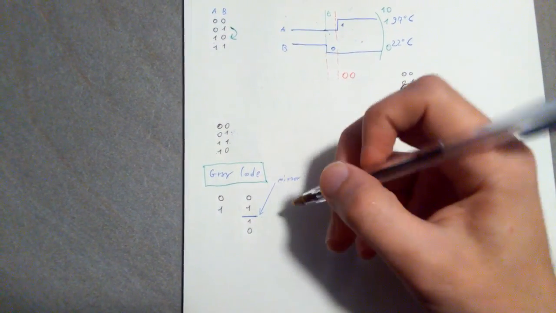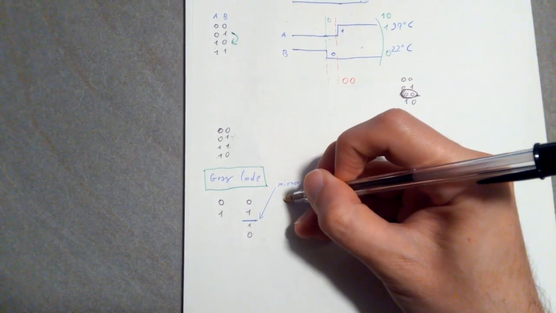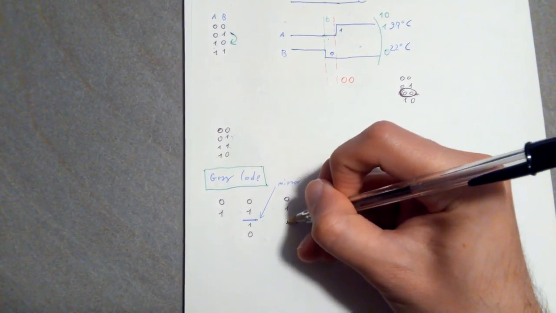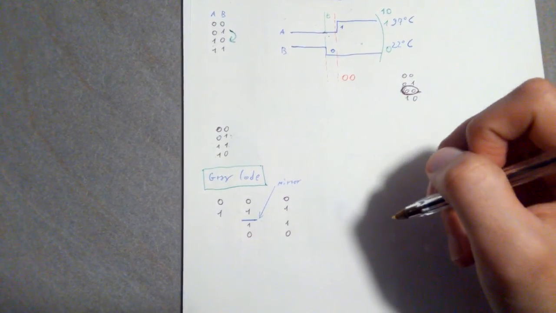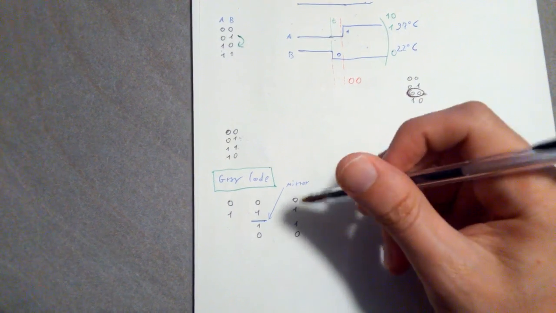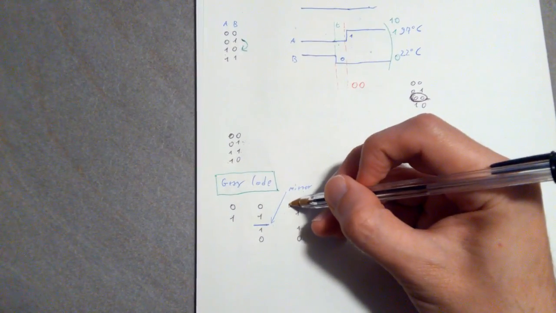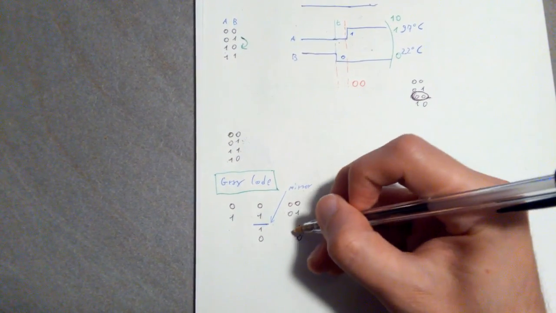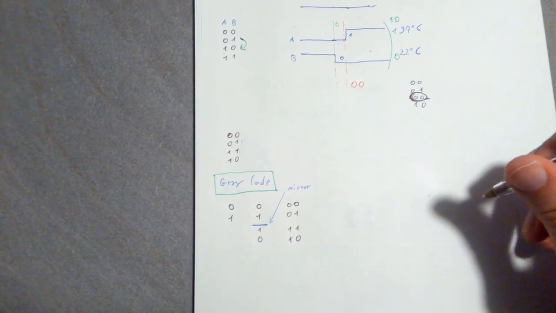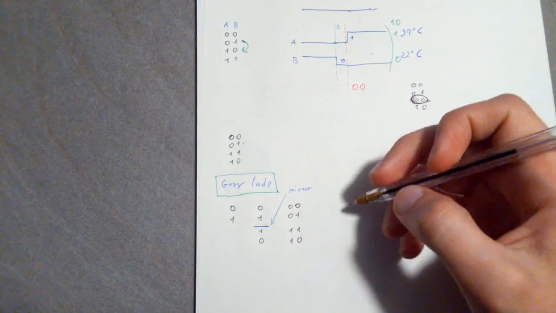Then you do the same thing. You put the same thing you had, so 0, 1, 1, 0, and you put the 0 here and the 1 here. And you can do the same thing again and again.